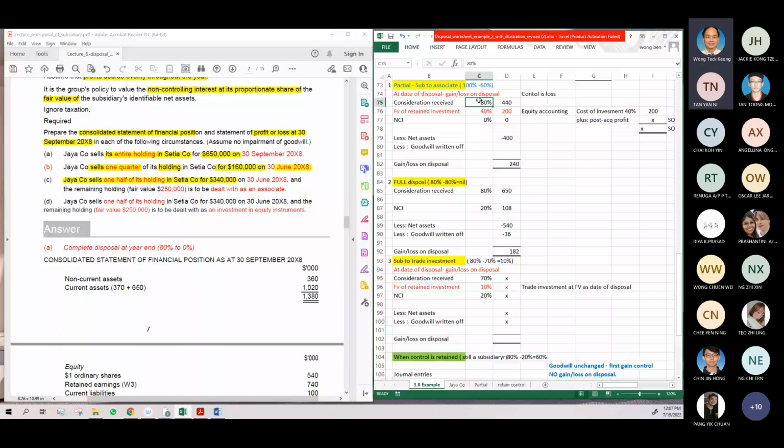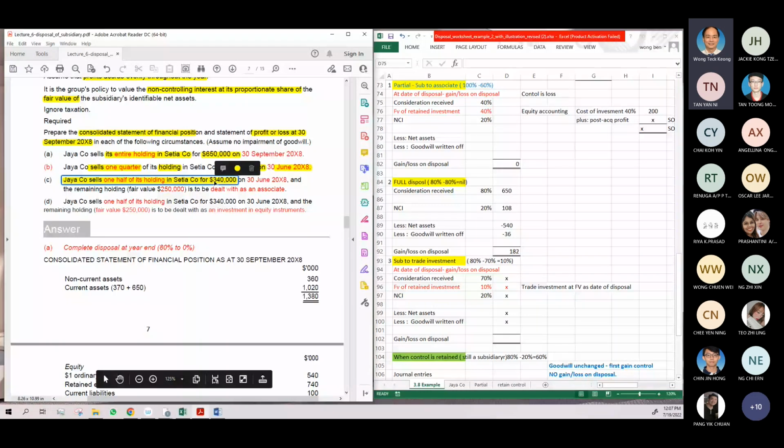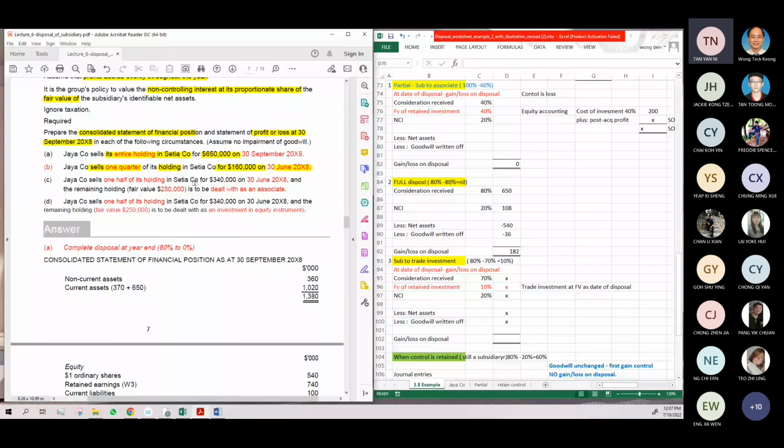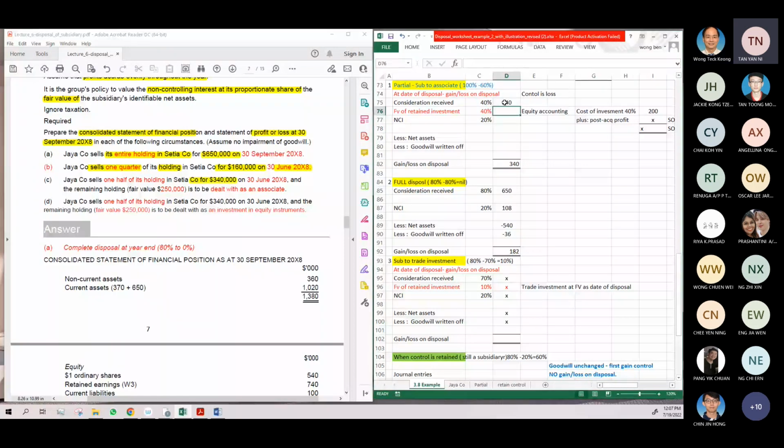On 30th June you sell one half of it at 340,000. The remaining holding is 250, so you keep the remaining 250. The NCI we already computed as 20% of the net asset, and the goodwill is 36.